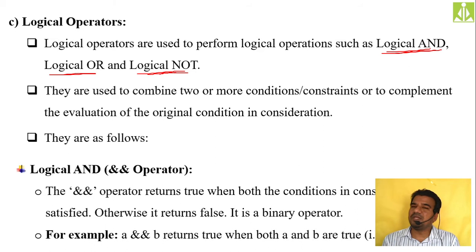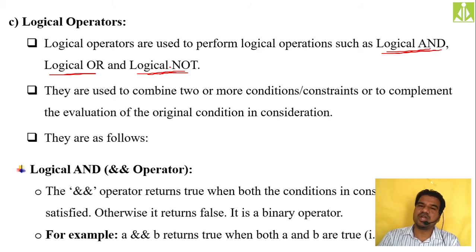If you want to put more than one condition inside your control structures, there we use these logical operators. Very soon you will understand that. They are used to combine two or more conditions, or to complement the evaluation of the original condition in consideration. So not only for combining, but also to get the opposite.